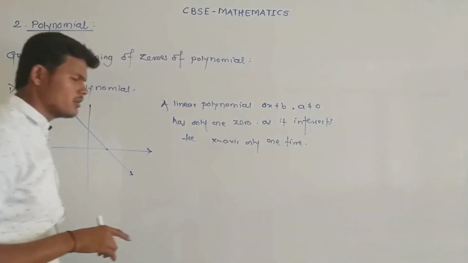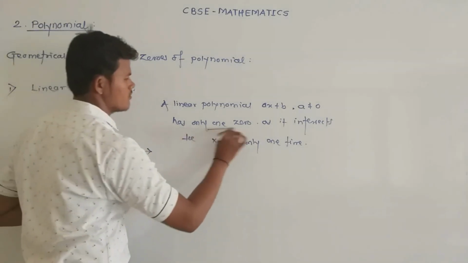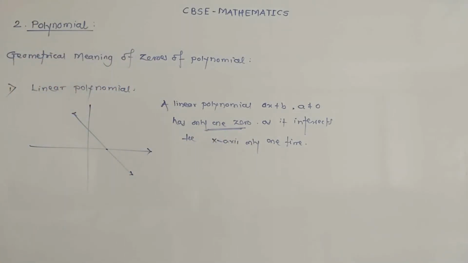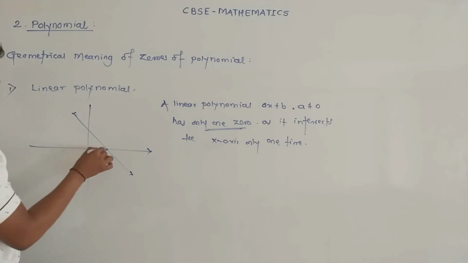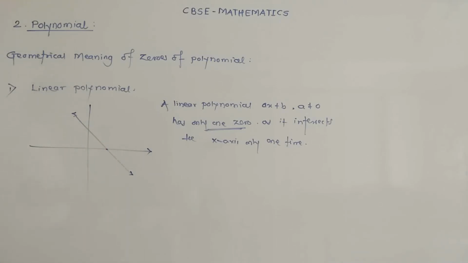So the zero of the polynomial for a linear polynomial is only 1 because it intersects the x-axis at only one point. If the graph of a polynomial intersects the x-axis at only one point, that means the given polynomial is a linear polynomial.